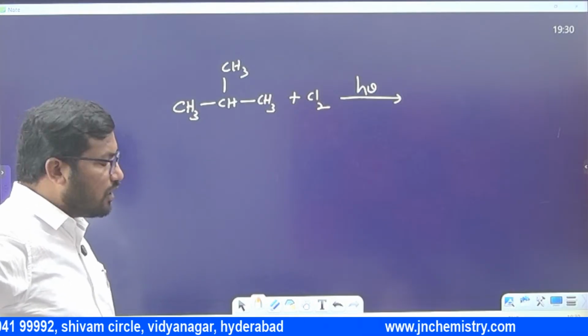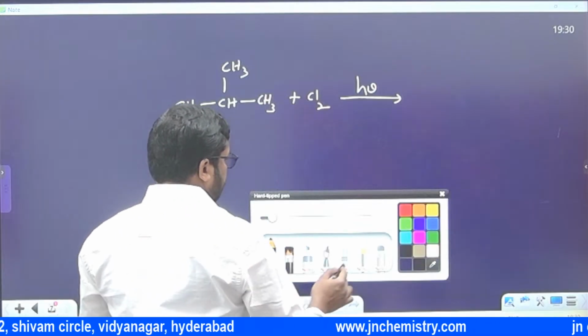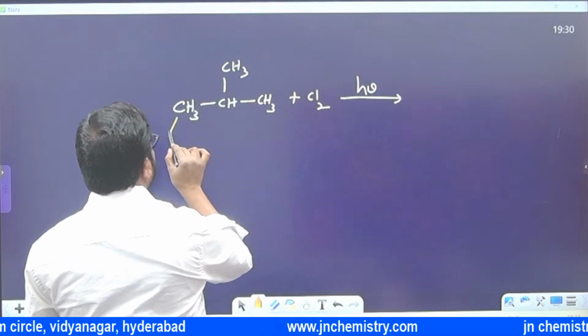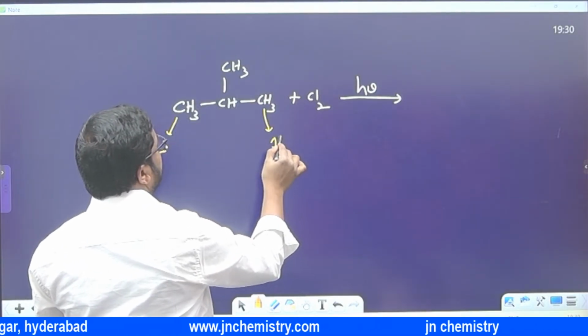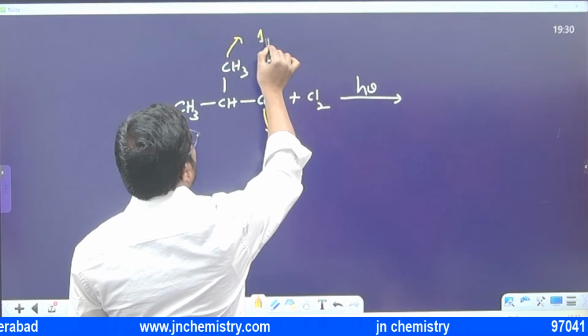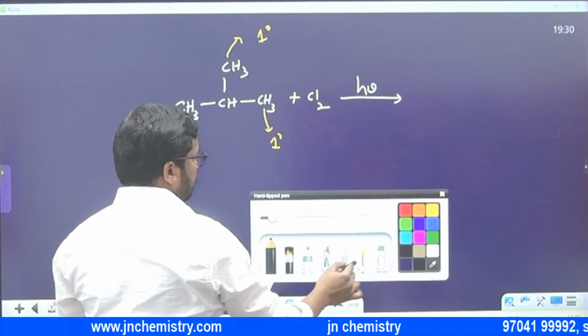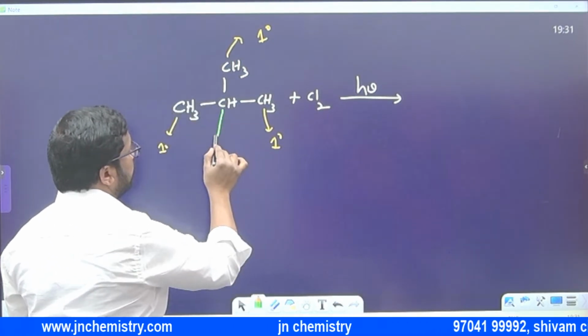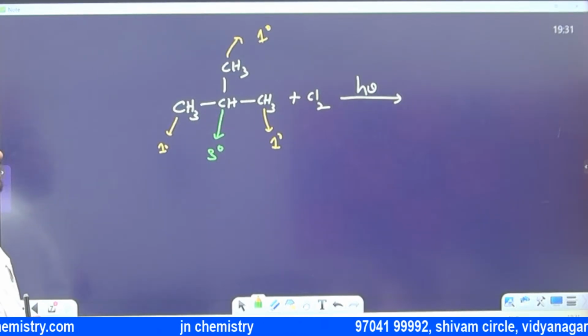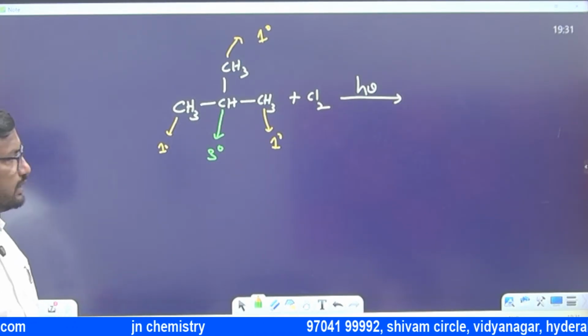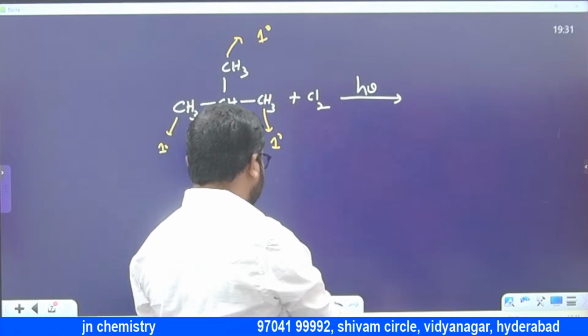How many types of carbons here? This is 1 degree, this is 1 degree, this is also 1 degree. This one is 3 degree. So 2 possibilities are there. Anywhere you attack, no issues.